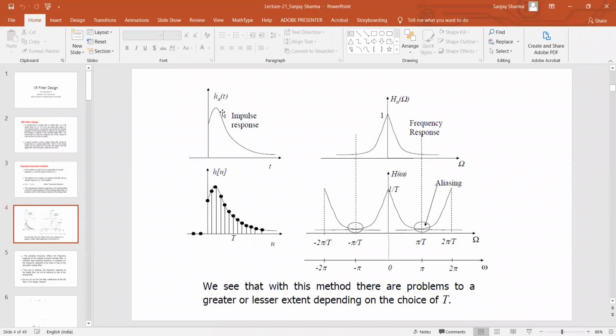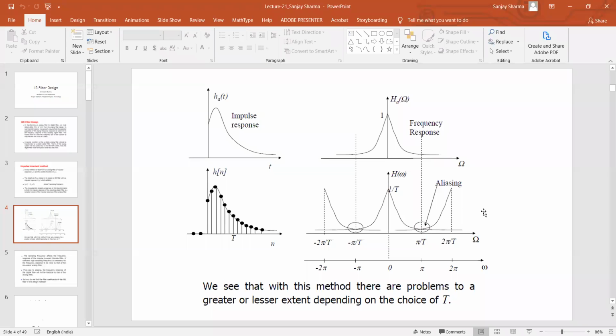So this is the sampled version of h_a(t), which we call h(n), and this is H(ω), the frequency response in the digital domain. If you see this digital spectrum, it is exactly the replica of the analog spectrum from -π to π, but it will repeat with a period of 2π.